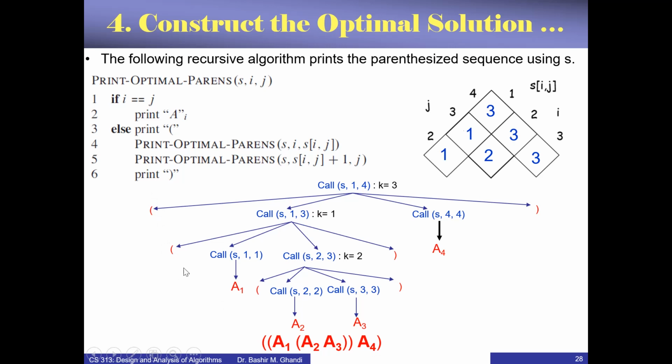Opening bracket, A1, as you can see here, then opening bracket, then A2, then A3, then closing bracket, then A4, then closing bracket. So this is what is meant by constructing the optimal solution. In other words, specifying where we actually put the parentheses so that we get the optimal solution. We do that just with the help of the array S.